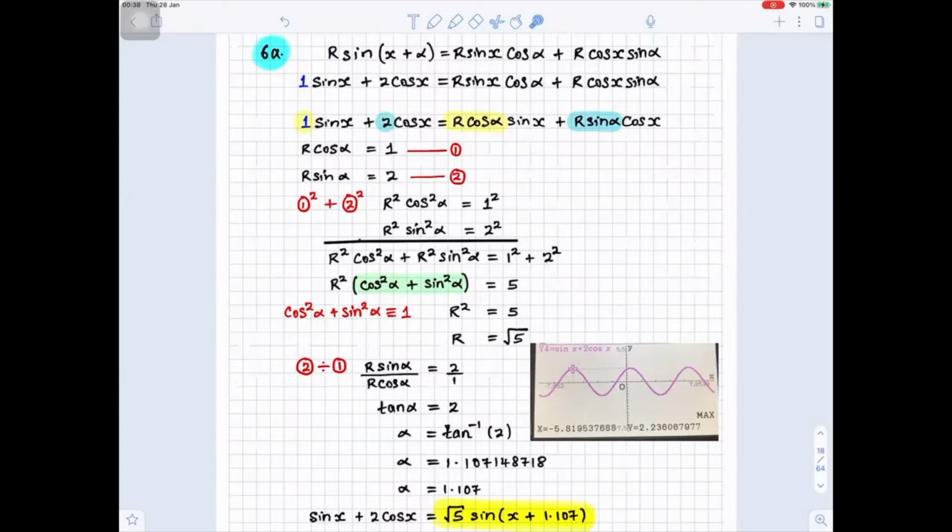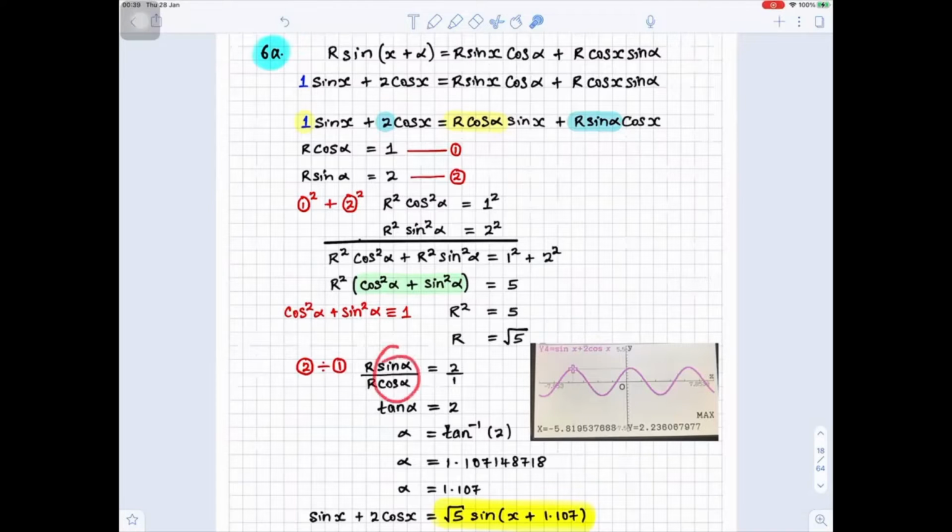Another way to get r quickly is 1 squared plus 2 squared, then square root. That gives you root 5. Now equation 2 divided by 1: r sine alpha divided by r cos alpha is equal to 2 divided by 1, which is 2.